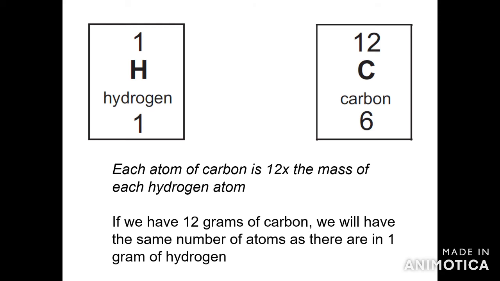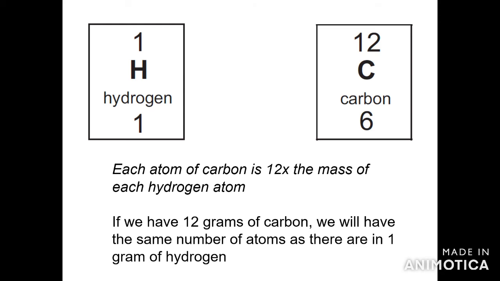Okay, if I've got 12 grams of carbon, because each individual atom of carbon has a mass 12 times that of hydrogen, there will be the same number of atoms as there are in 1 gram of hydrogen.